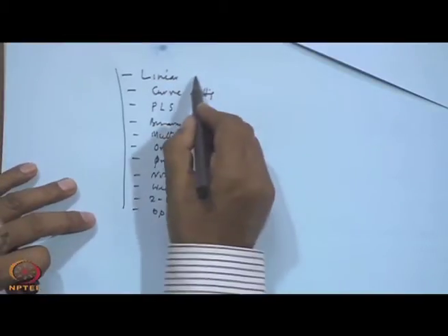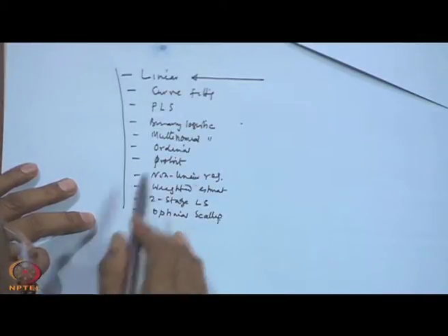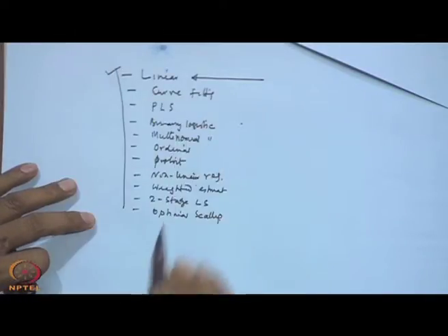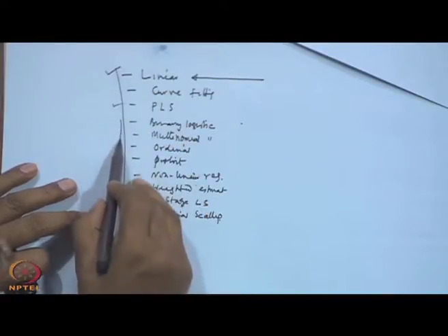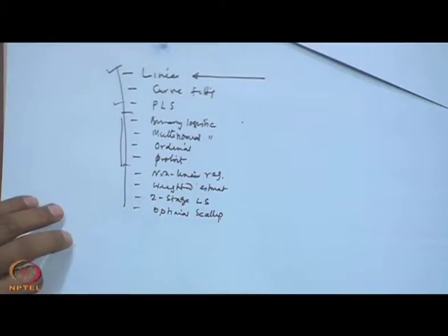What we have discussed is only linear regression. Linear regression is very popular, partial least squares regression is also very popular, and all the logistic regressions including Probit are very popular techniques. So you can do linear regression, nonlinear regression, and regression under different conditions. For example, logistic regression is used when the dependent variable is categorical.